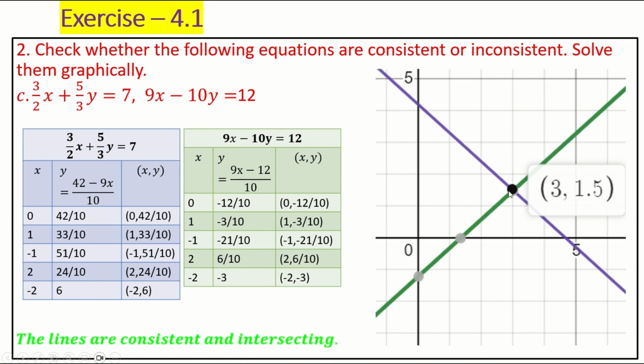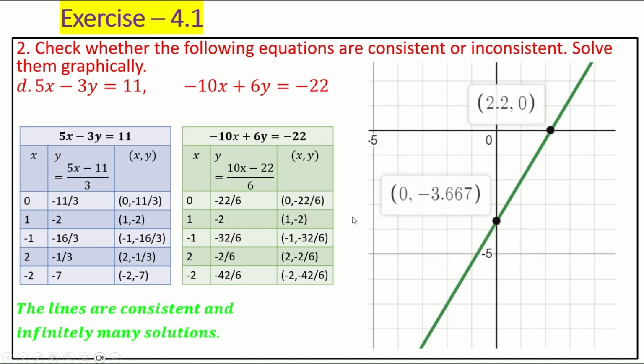You see that they are intersecting at 3 comma 1.5. So these lines are consistent and intersecting. Okay, this is how you have to draw graphically. The template is same for all. You just look at the solution on the graph. You look at the lines and then tell.